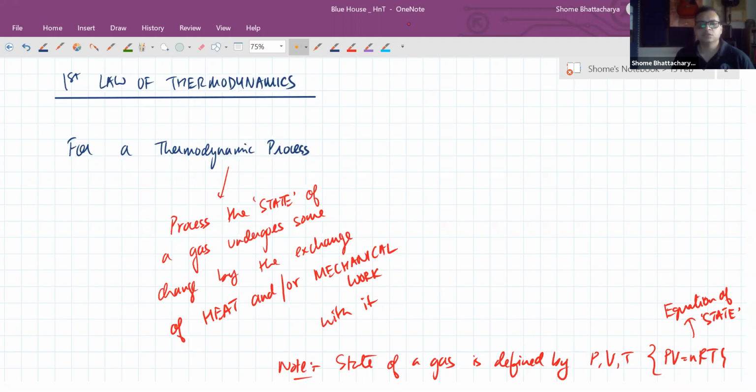Yeah, the zeroth law we've already seen in calorimetry. We have done the application of the zeroth law. Basically, the zeroth law says that if one body is in equilibrium with another one, then there is no heat exchange between them. So if body A is in equilibrium with body B and B is in equilibrium with C, then A also must be in equilibrium with C. When are they in equilibrium?